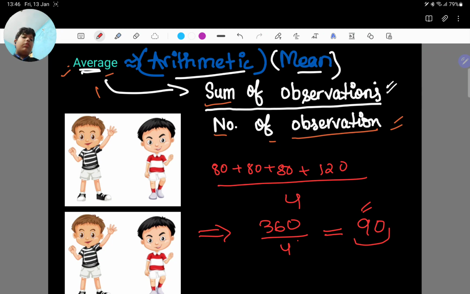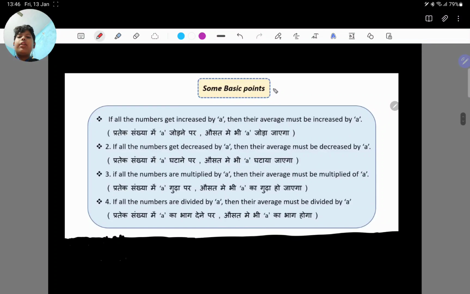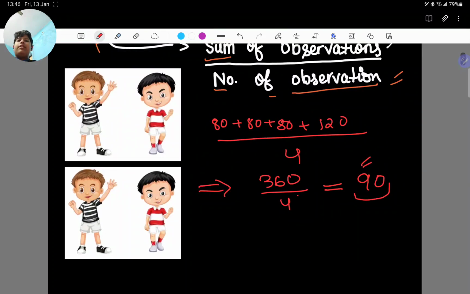So now we are going to look at the basic points. Let's scroll down and look at the basic points. If all numbers get increased by a, then the average must be increased by a. So we will be looking at this now. Let's say this number was 80, this was also 80, this was also 80, and this was also 80.